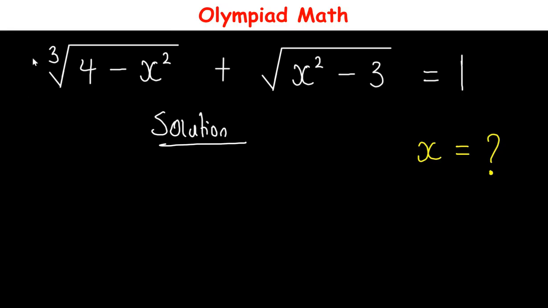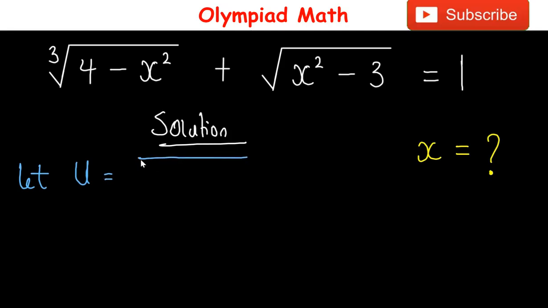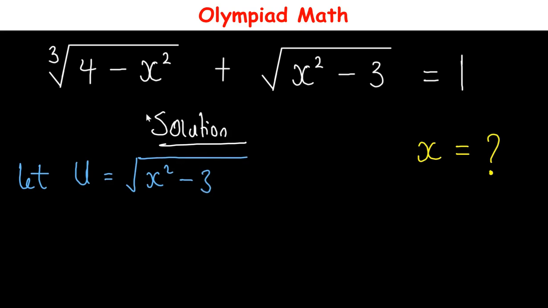So we are going to say that let u equal the square root of x squared minus 3. And since the value of x squared minus 3 is under the radical sign, this will be greater than or equal to 0, which means that u will also be greater than or equal to 0.